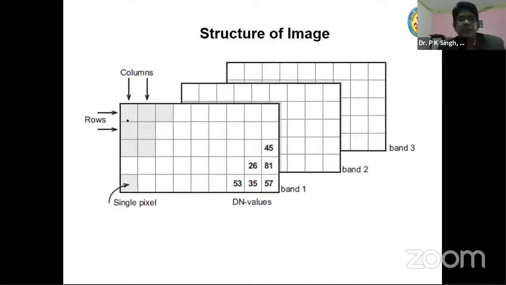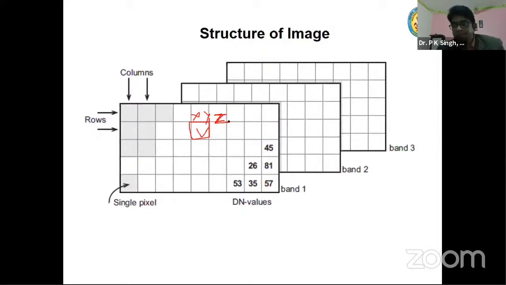Suppose this is one band. You are taking this grid. The computer writes only 3 things for this grid: X, Y, and Z. X, Y means its position: where is the position of this pixel? And Z is the record of energy.